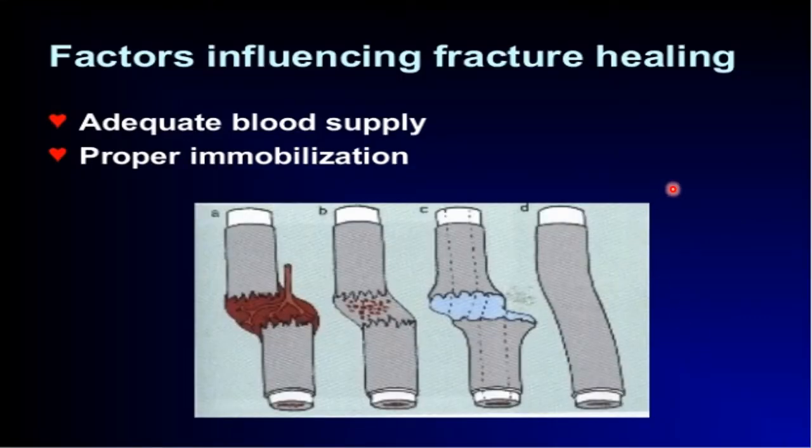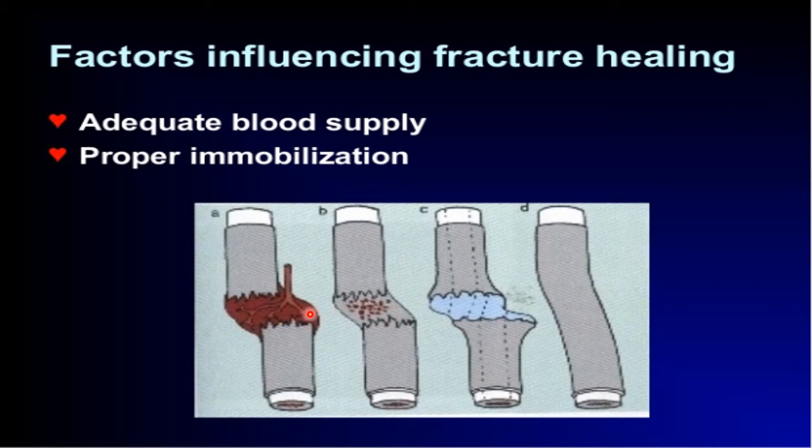Then there are factors which influence fracture healing. One is that there needs to be adequate blood supply of both the fractured ends of the bone. If there is lack of blood supply on one side and there is good blood supply on the other, still the bone healing will be affected and the patient may go into delayed union if not non-union.